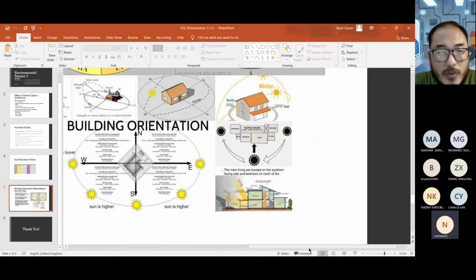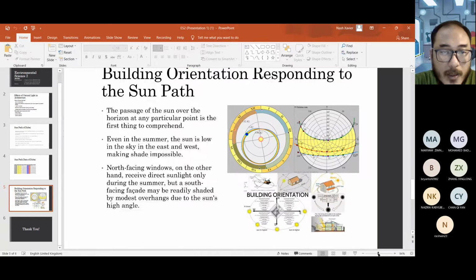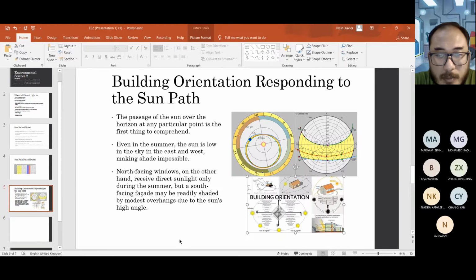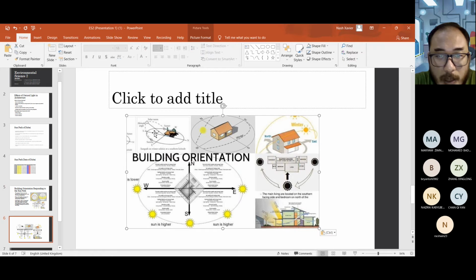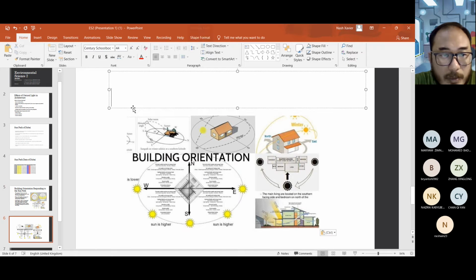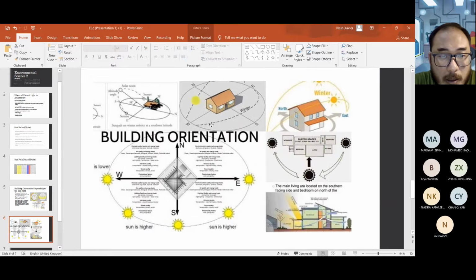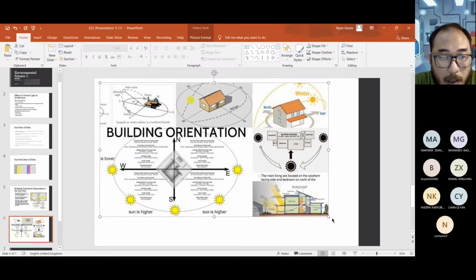Yeah, I think zooming in is not enough. Maybe you copy this one and then paste it to the other slide, and then you make this one bigger. Yes, you can zoom, you can stretch further, because there is important writing there.